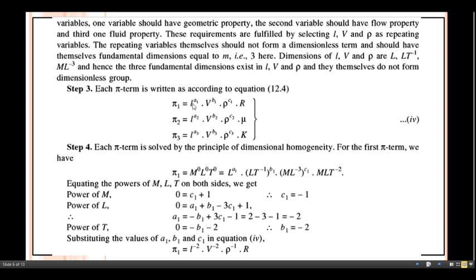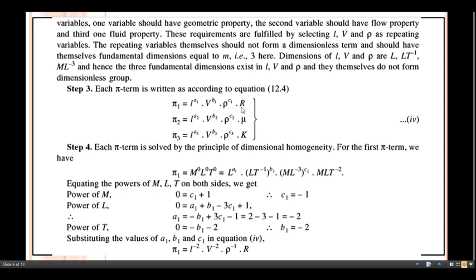See the dimensions of L: capital L raised to a1, the power term remains as it is. Then the dimensions of V: L T raised to minus 1, raised to b1. Next, density: M L raised to minus 3, raised to c1.